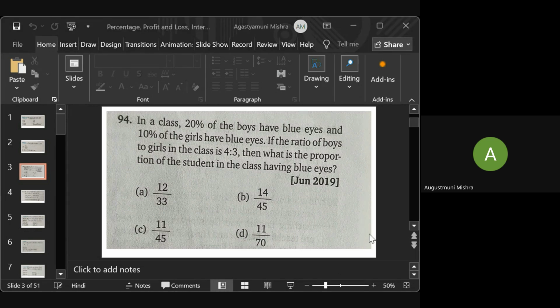One response we have, that is D. That is from Prashant sir. I'm waiting for a few more. Okay, Bhavya ma'am also said D. Two responses we have.